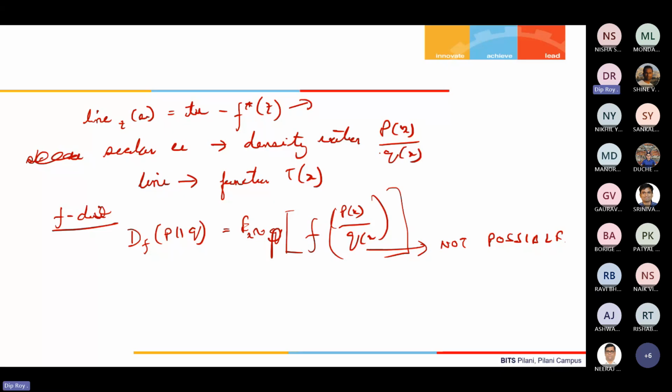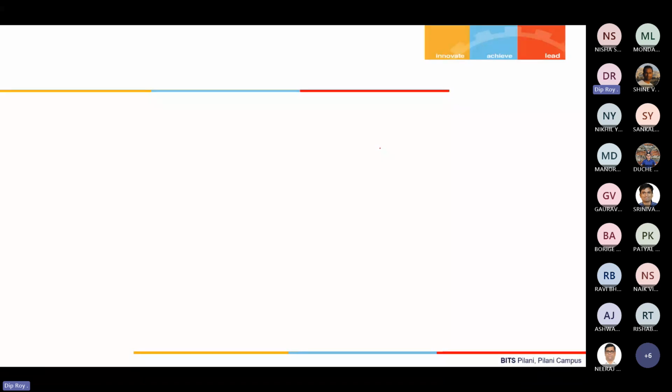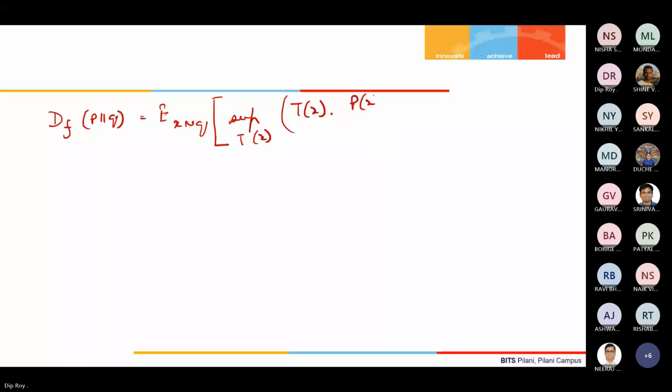What we can do is substitute f of u. We will plug in these particular values in the equation, and this equation takes this particular form. Now, t of x plays the role of t.